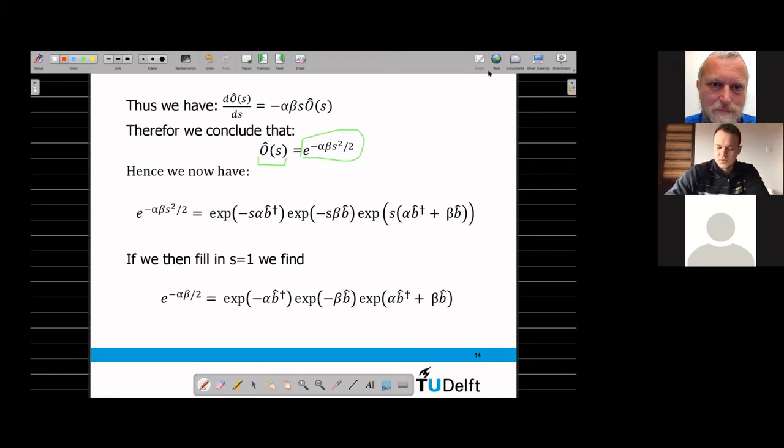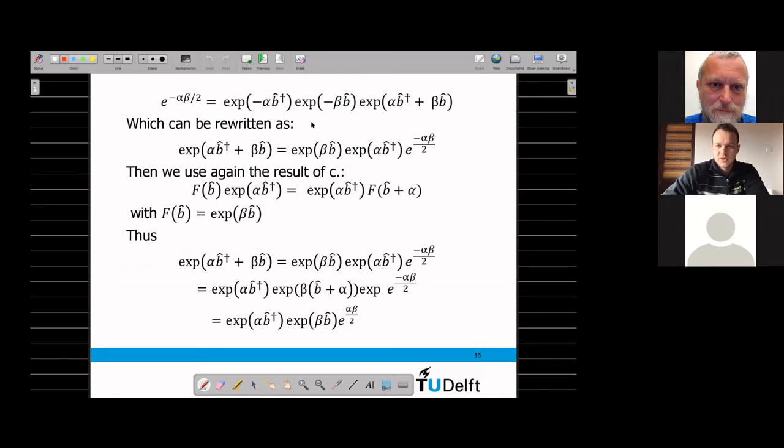This can be fixed by multiplying on the left and on the right with different operators. We first multiply on the left by the exponential of alpha b dagger.